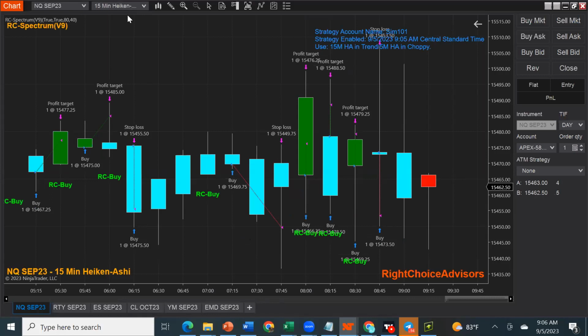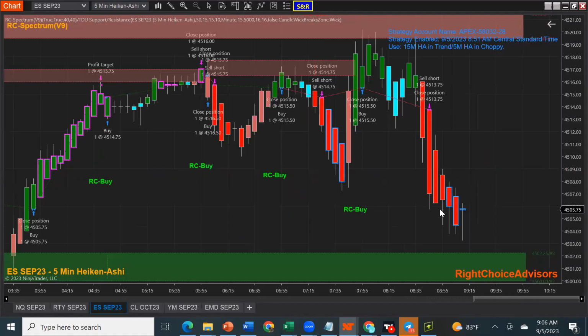So I enabled 15-minute Heikin-Ashi on NQ, also on RTY. On ES, just for a change, I am enabling a 5-minute Heikin-Ashi candle instead of 15 minutes, so we can see the difference. If 5 minutes is making more profit, then I can go and change the others to 5 minutes.